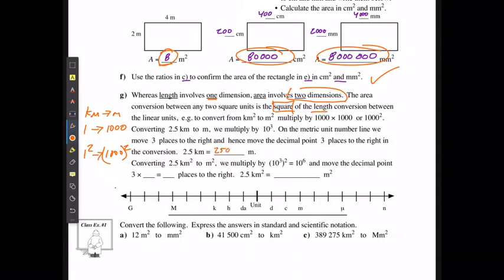Which means that if I'm converting 2.5 kilometers to meters, that's going to be 2,500 meters. If I did kilometers squared to meters squared, then I'm going to square that difference of units. Instead of just saying it's going to be 10 to the power of 3, I'm going to do 10 to the power of 3 to the power of 2, or 10 to the power of 6, which means that this would be moving 3 places to the right, and then 3 places to the right again.